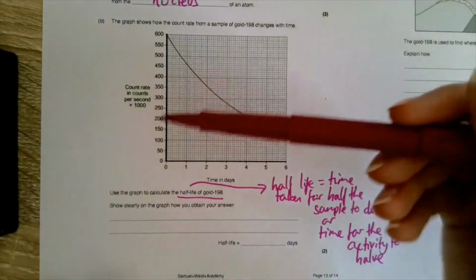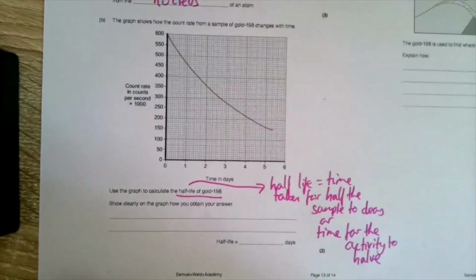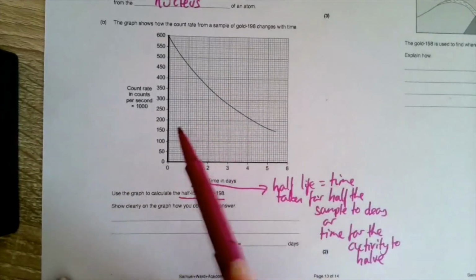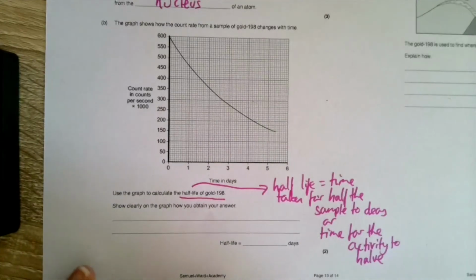But it just depends on what your y-axis is as to which definition we're working with. So here we're looking at a count rate, and so we're looking at our activity.